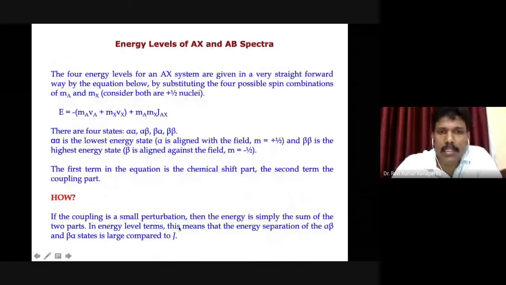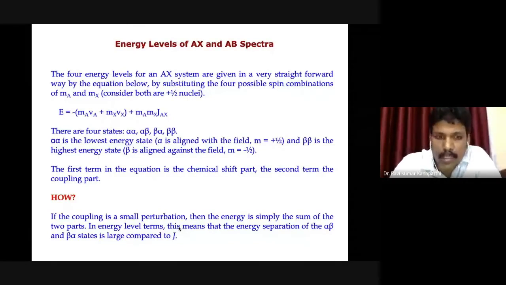The energy levels of AX and AB systems are something beyond the scope of this course, but you can always refer to physical chemistry concepts. You can treat the interaction between the two spin systems as a perturbation, and then apply the quantum mechanical approach.